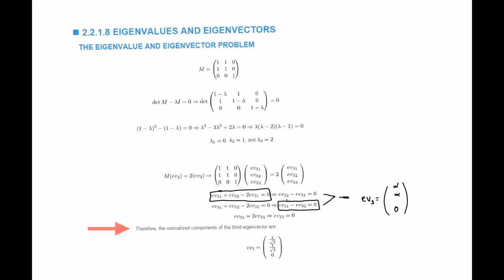But I'd like to deal with unit vectors, so when I normalize it, it will be equal to (1 over root 2, 1 over root 2, 0). The norm of the normalized eigenvector 3, in this case, is equal to 1. You can see other examples on the website in the section Examples and Problems.